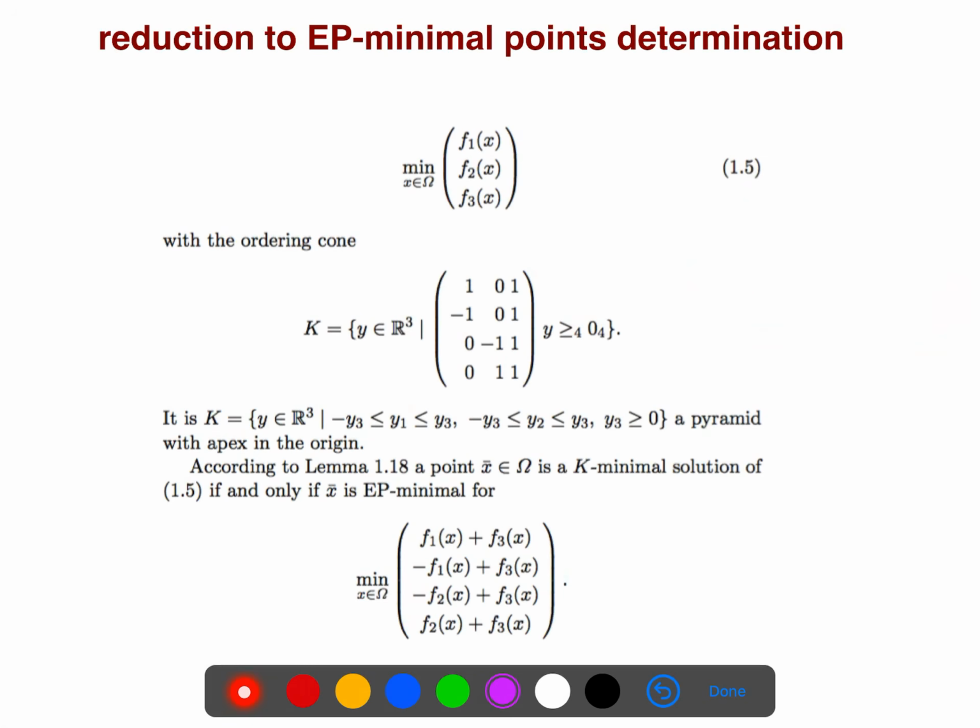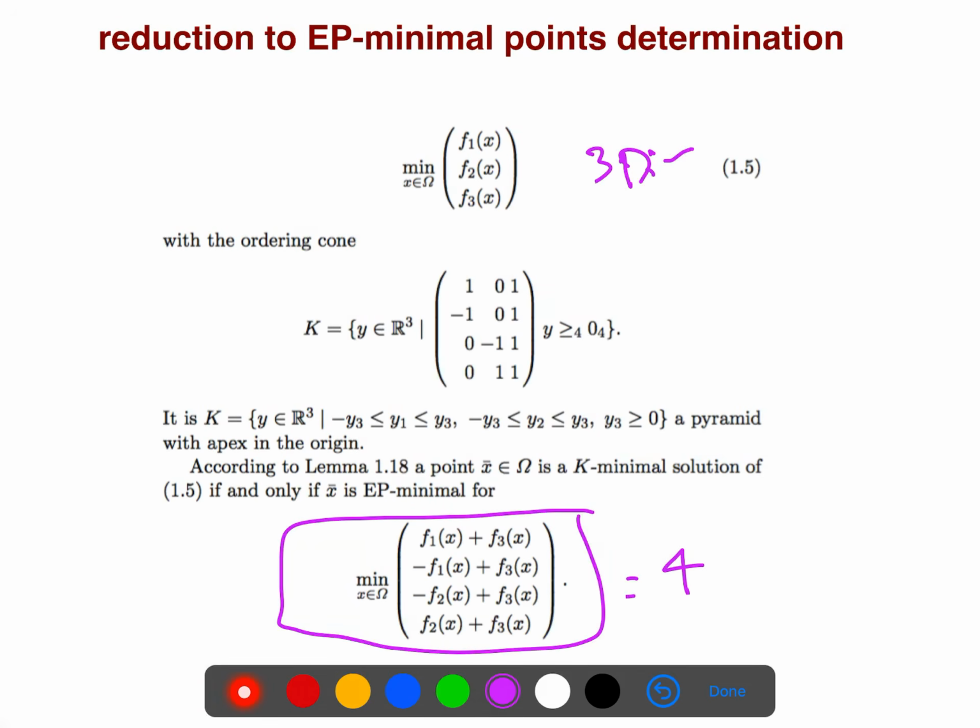For example, if your objective space is three-dimensional, you can find the equivalent problem by going even to higher dimensions. So here we have four objectives, although the original space is three-dimensional.